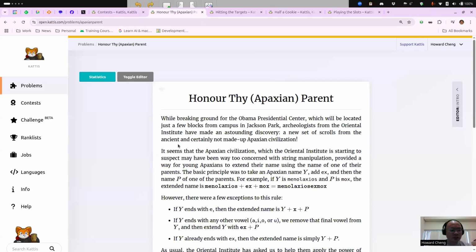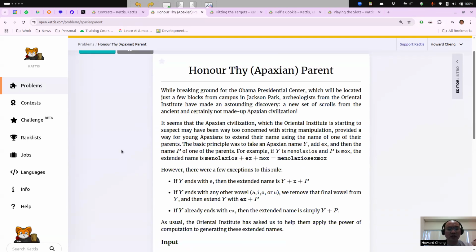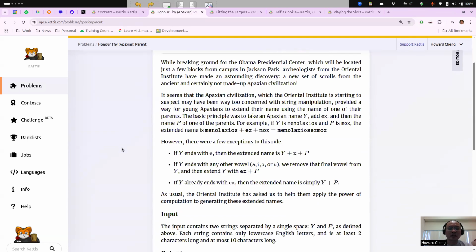Okay, the next one is, I guess, a little bit messy string manipulation thing. Basically, you have two words, Y and P, and then you're supposed to form a new word that is Y and P with something added in between, but depending on how Y ends, you might have to modify certain things.